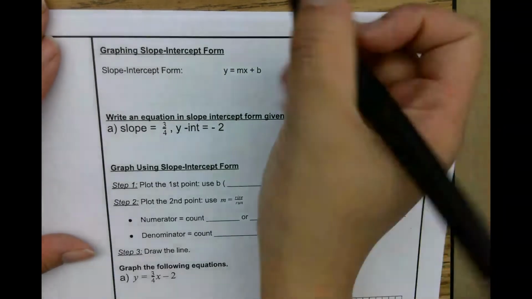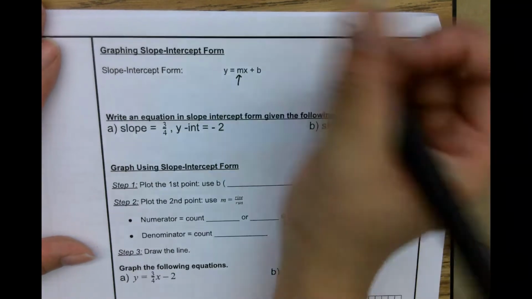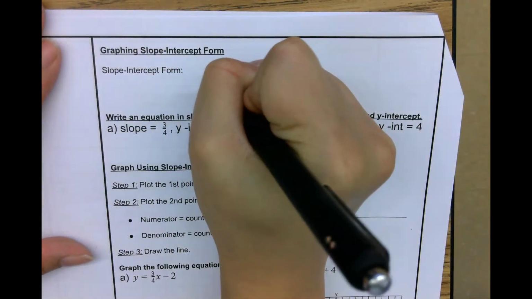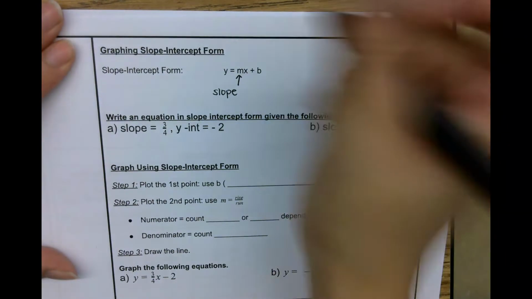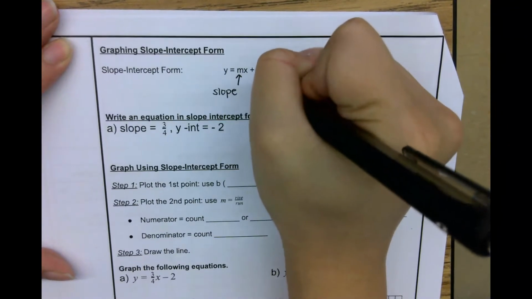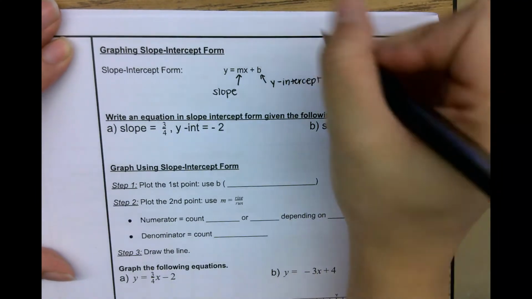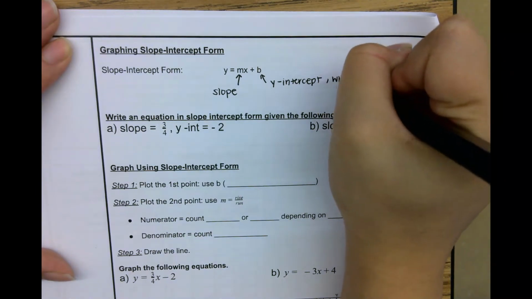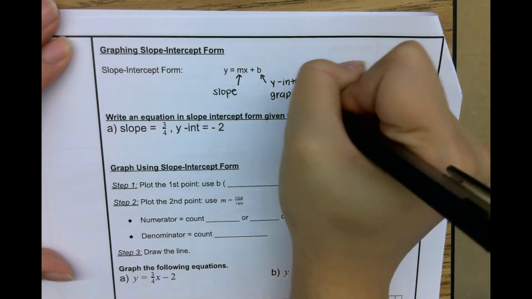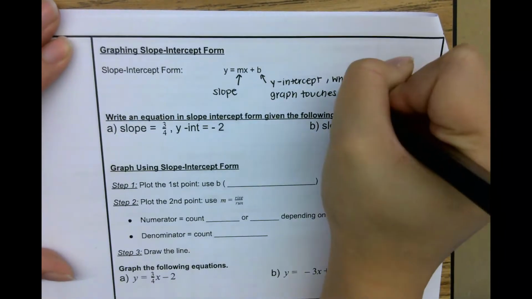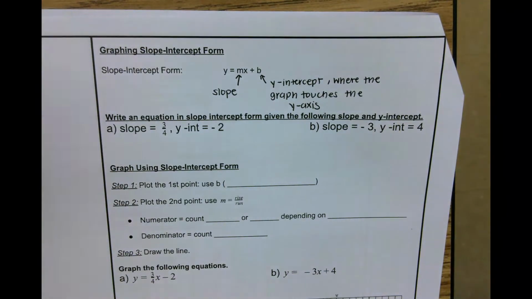You should remember that in our equation, m represents our slope, that's our rise over run, that's our rate of change. b represents our y-intercept, and for those of us who forgot, a y-intercept is where the graph touches or crosses the y-axis. So y equals mx plus b.